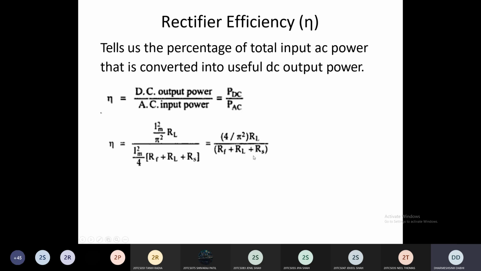If you assume RF and RS as almost 0 as compared to RL, what is the equation of efficiency? 4 by pi square. It is 4 by pi square. So calculate the magnitude of 4 by pi square. What is the efficiency in terms of percentage? Calculate it. What is the value of 4 by pi square?